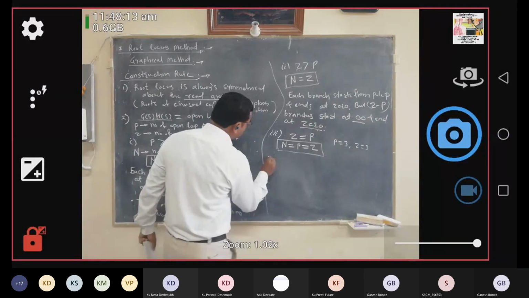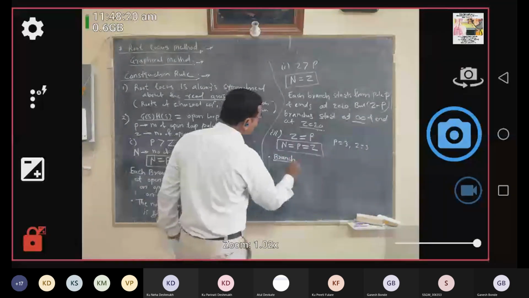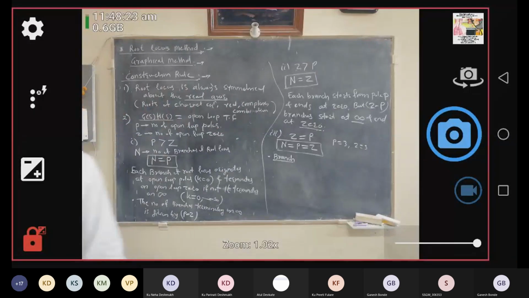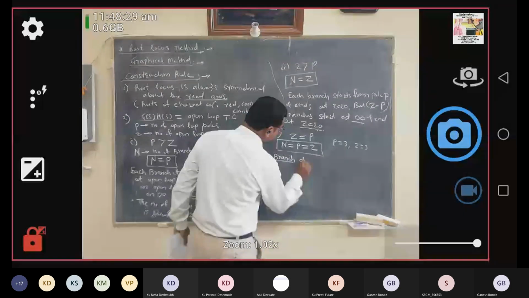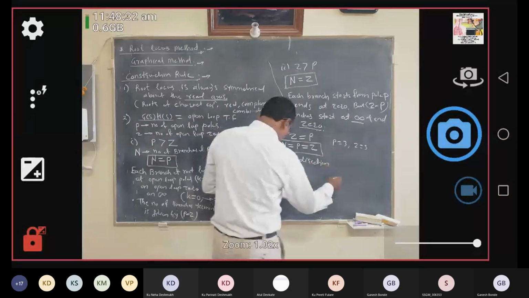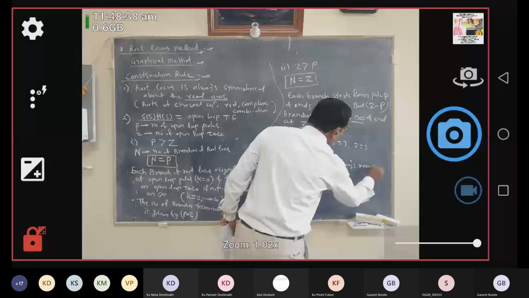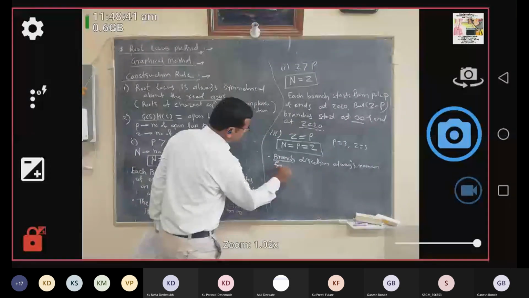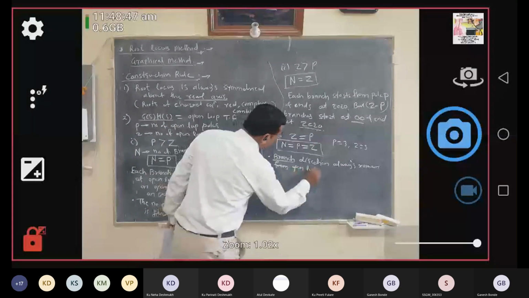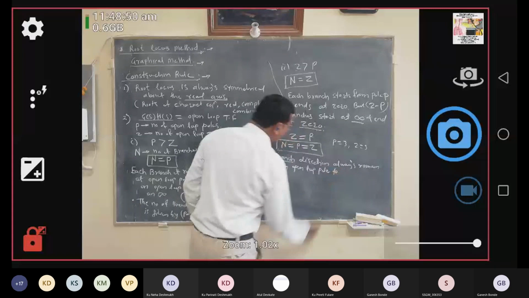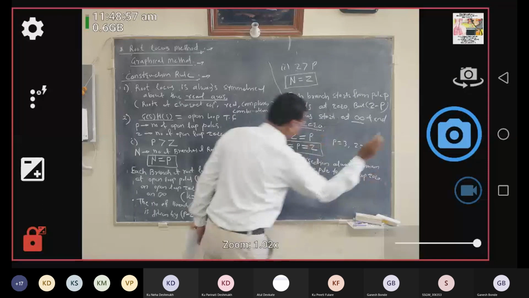Always remember the branch direction. Root locus branch direction always remains from open loop pole to open loop zero.